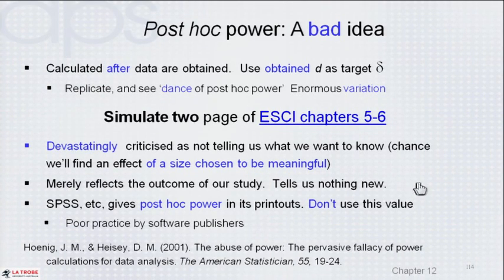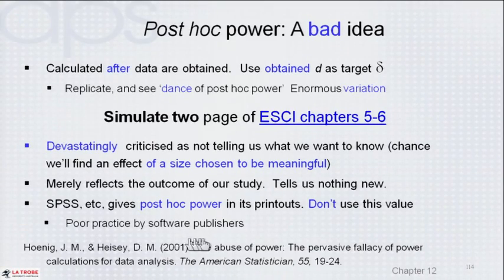And it really wouldn't be worth mentioning except that I understand some software, which will remain nameless, reports post hoc power. And this is the thing really to be alert to. If you get an analysis which includes a power value, then you have to ask, well, power for what effect size, for what target effect size?